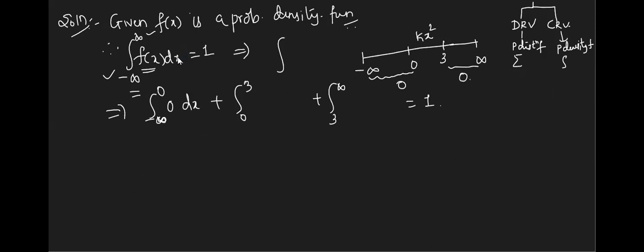Between 0 to 3, what is the function? kx square. Between 3 to infinity? 0. Now, you start integrating it. What happens to the first and last integrals? They are 0, so we are left with only this. How can I integrate kx square? What is the integration?